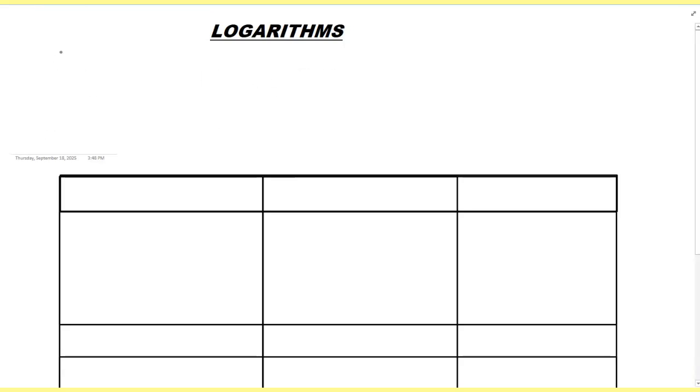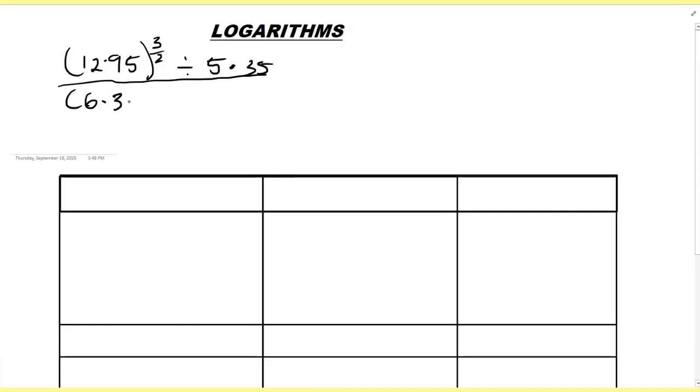So the question is: bracket, 12.95, close bracket, then at the top we have 3 divided by 2, also divided by 5.35, all divided by open bracket 6.36 times 0.045, all to the power of 0.4. So there's a power here, there's a power here also.